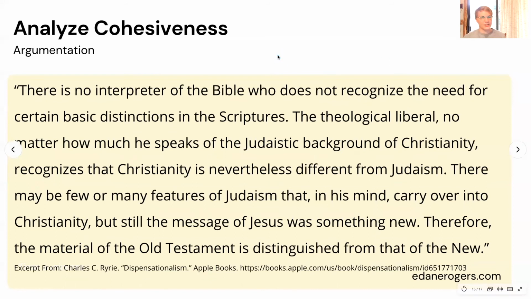All right, another excerpt from Charles Ryrie, but this comes not from So Great Salvation. This comes from his book, Dispensationalism. And he says, there is no interpreter of the Bible who does not recognize the need for certain basic distinctions in the scriptures. The theological liberal, no matter how much he speaks of the Judaistic background of Christianity, recognizes that Christianity is nevertheless different from Judaism.